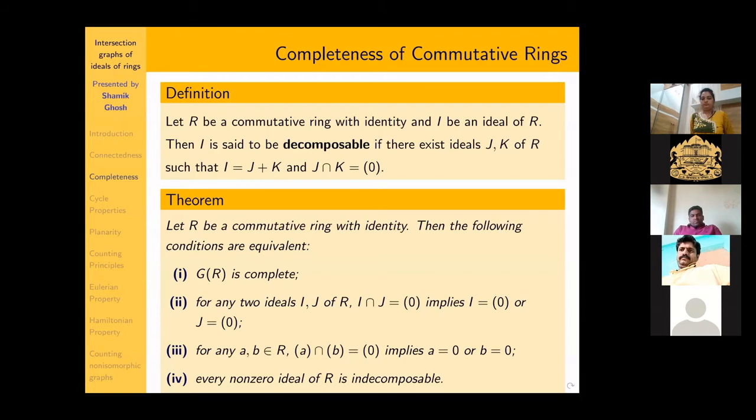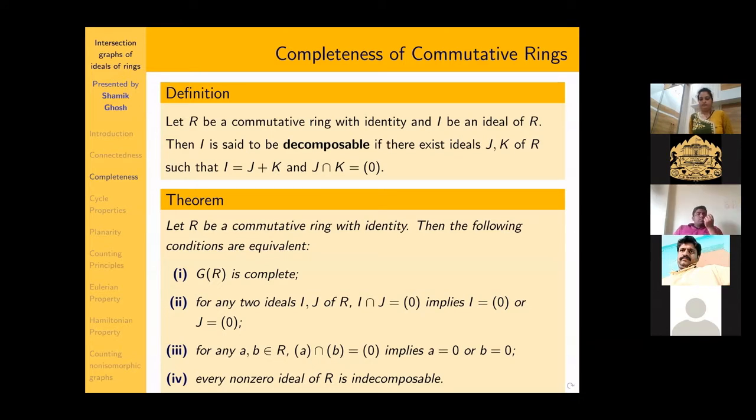For a commutative ring with identity, our result is that the graph is complete if and only if every non-zero ideal of R is indecomposable. That is, there is no ideal which is decomposable into two or more ideals. So this is for any commutative ring with identity.